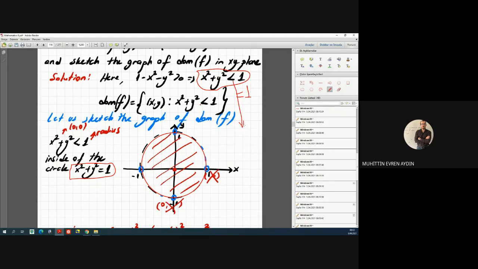This means that our points are the points inside this circle, but the points on the circle don't belong to the domain of the function f.